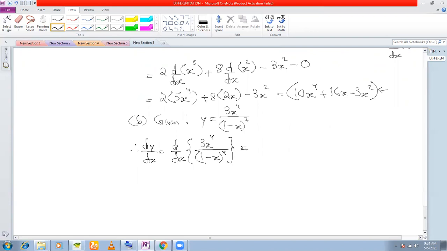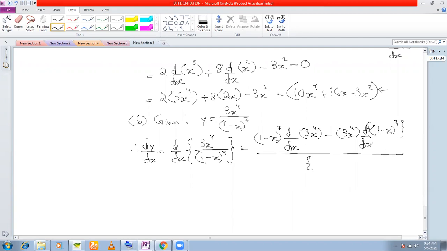Now using the u by v rule, what was the u by v rule? Denominator v, take as it is, into du/dx, differentiation of the numerator, minus the numerator u into dv/dx, differentiation of the denominator, 1 minus x to the power of 7, divided by the square of the denominator.